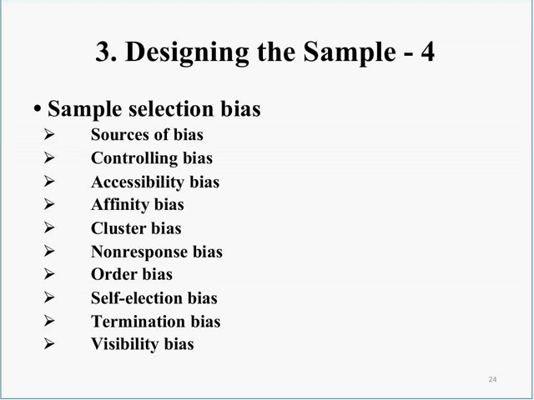And that also includes non-response bias, order bias, self-selection bias, termination bias, visibility bias. For example, let's say you go to a restaurant and you respond to a questionnaire and they want to know what you thought of the service, what you thought of the food. Well, remember, that's self-selection bias. They're only getting answers from people who want to answer.